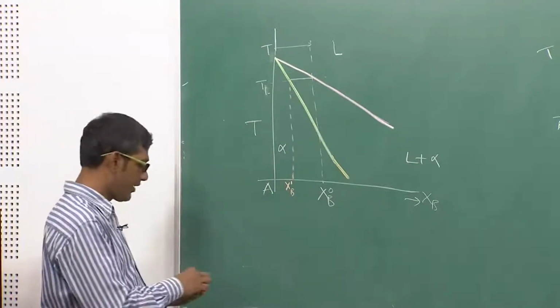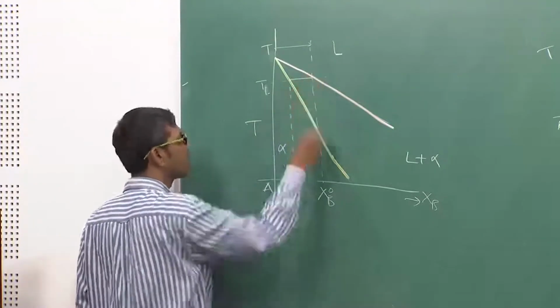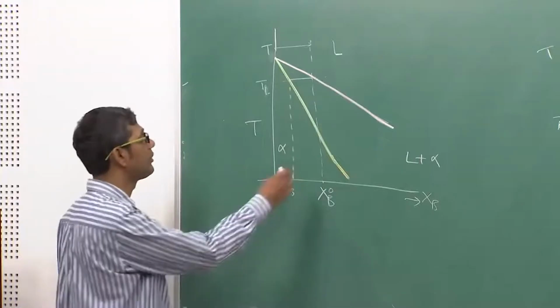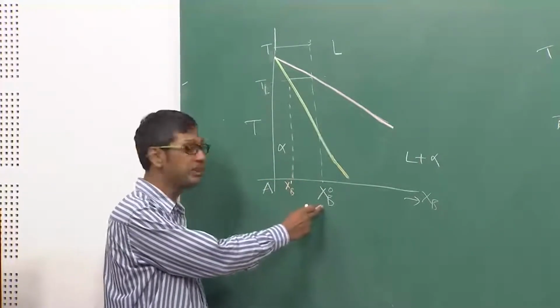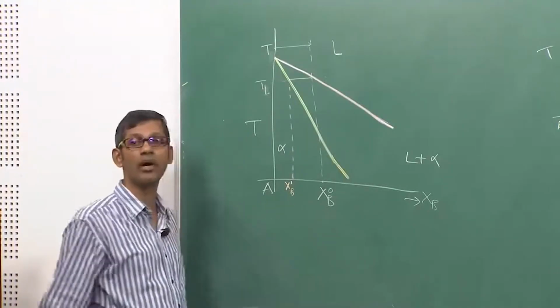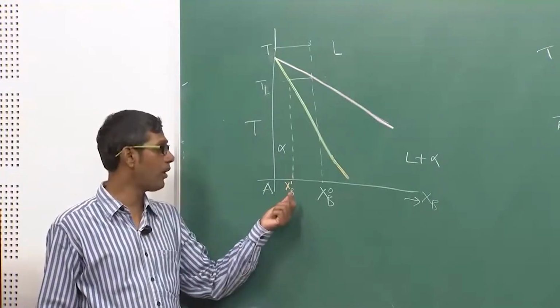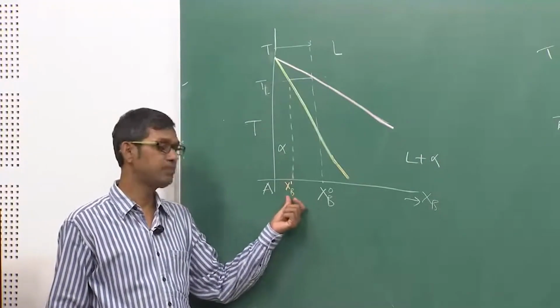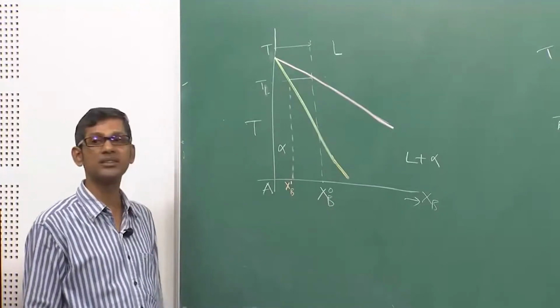As you cool it down a little more, because solid and liquid compositions are widely different. You can see the liquid composition is Xb0 initially, and the first solid which is forming out of it has a composition of Xb1. So the solid which is formed has a much lower Xb than the liquid from which it has started to form.